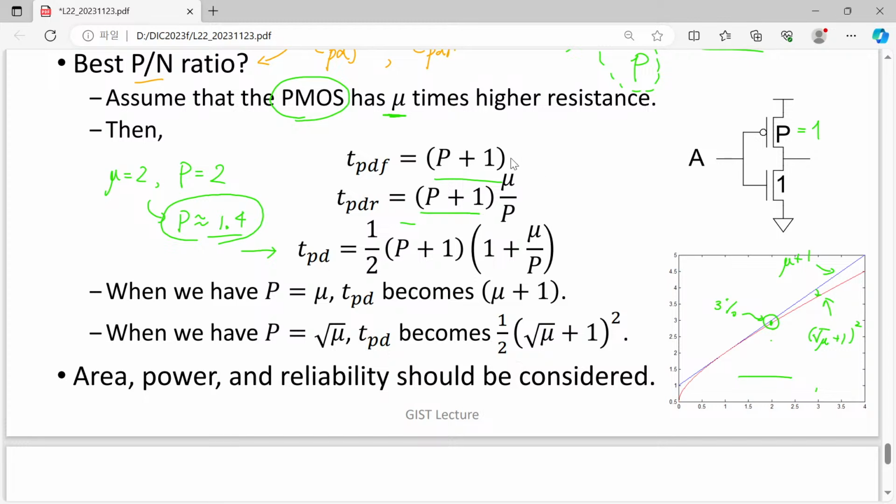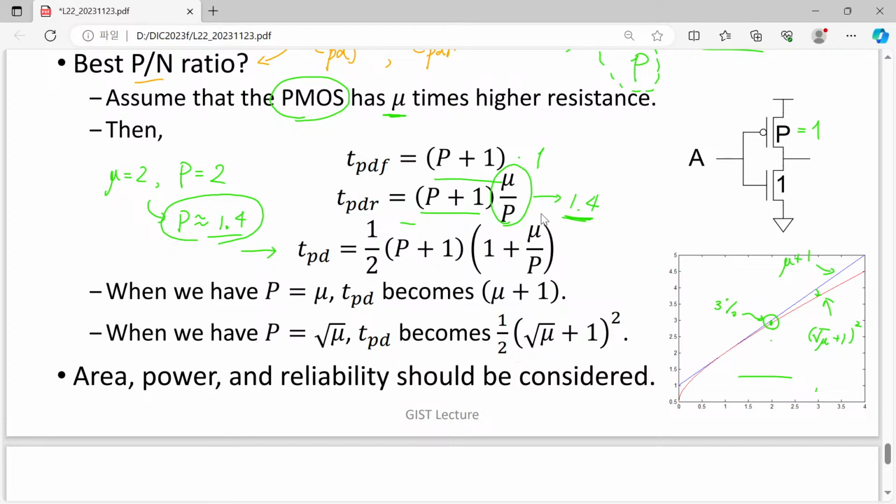So this one will just give you relative length 1, but if you have 1.42, then it gives you 1.4. So your rising transition is 40% longer than your falling transition.